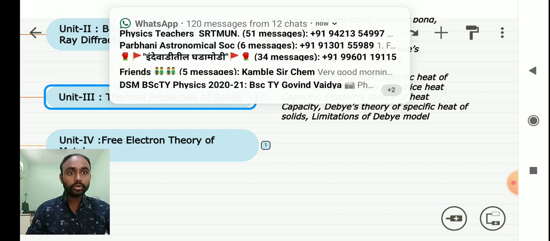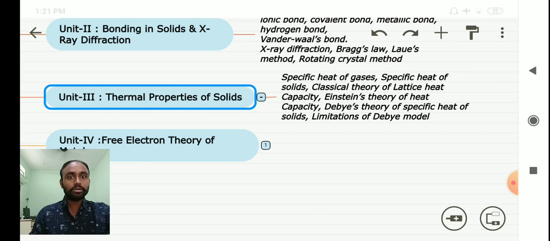Already we have seen the specific heat for gases, and therefore we are using the same analogy for solids. So we will just define here the specific heat of gases, then by taking the same analogy we will go to the specific heat of solids.